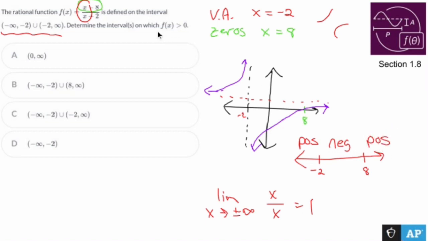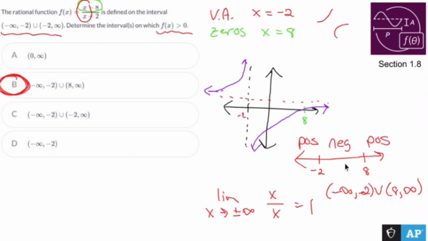We care about what's going on above the x-axis. We're not going to include what happens at the x-axis, so we're not going to have brackets, we're going to have parentheses. My intervals are going to be from -infinity to -2, union, from 8 to infinity.